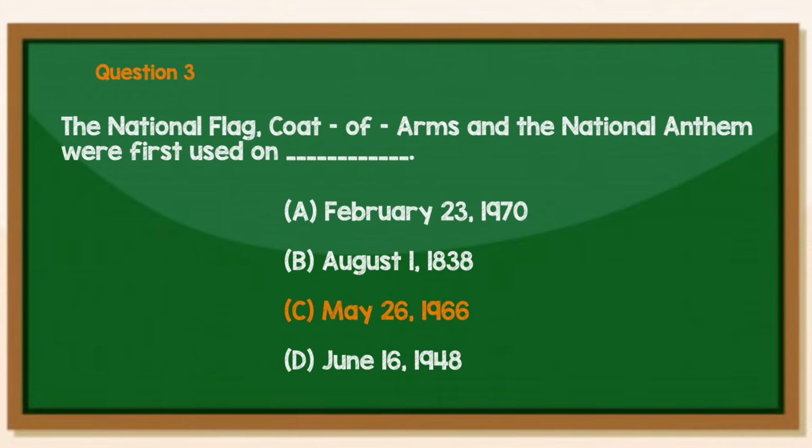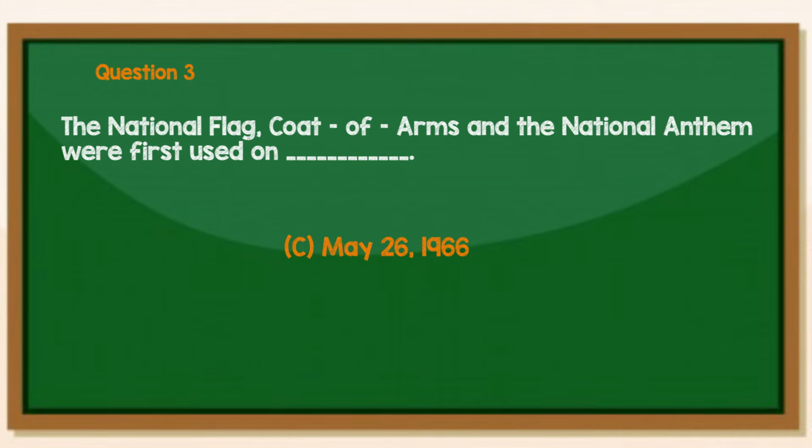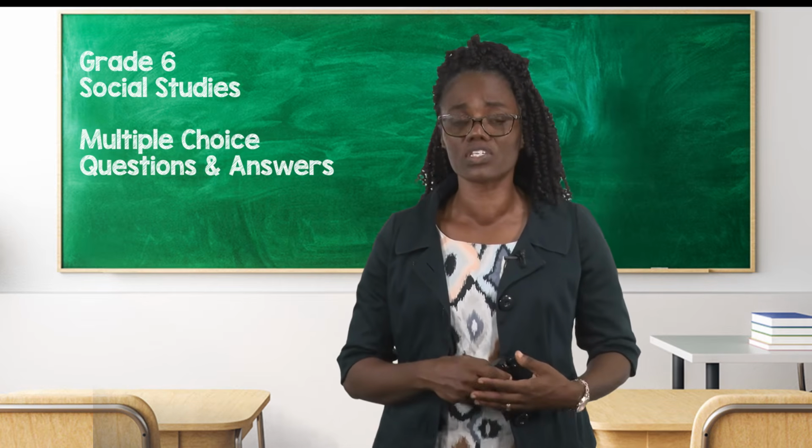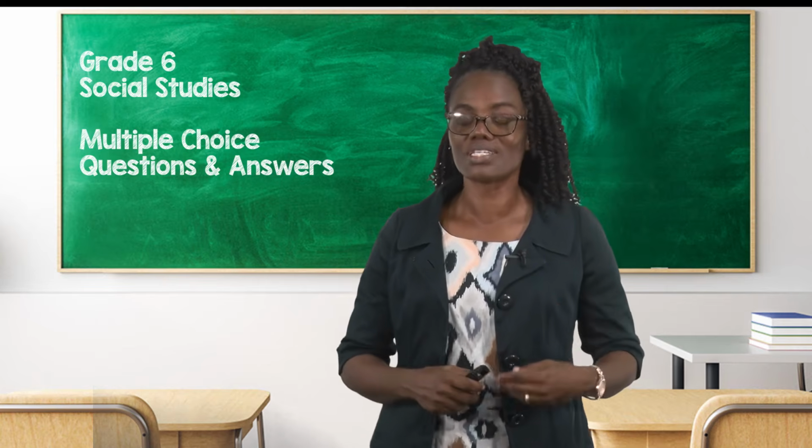The answer is C. May 26, 1966. That's the date when Guyana gained its independence from Great Britain. Of course, the other dates are significant in Guyana's history, and I trust, boys and girls, that you are familiar with the event or that aspect of Guyana's history that is connected to those dates.